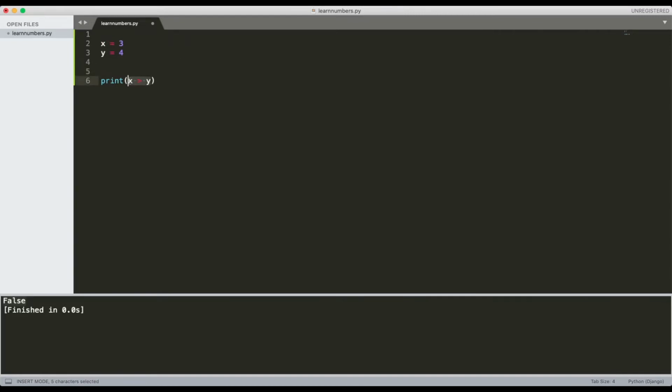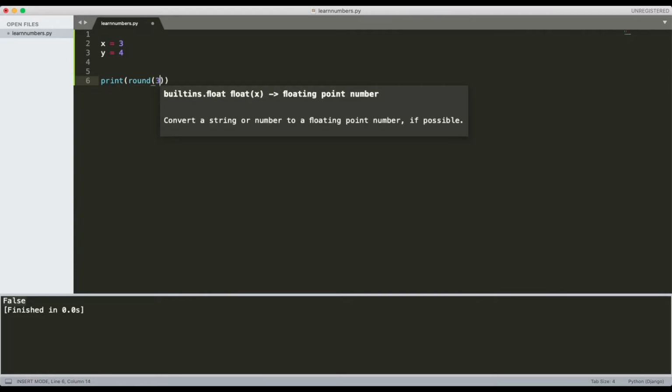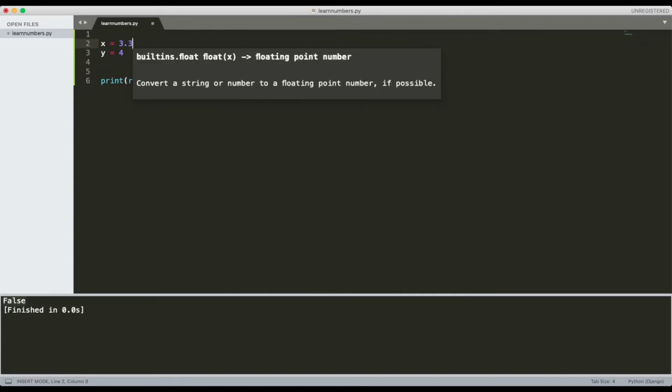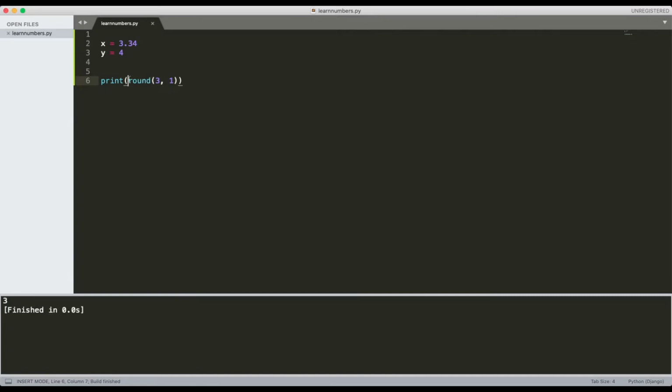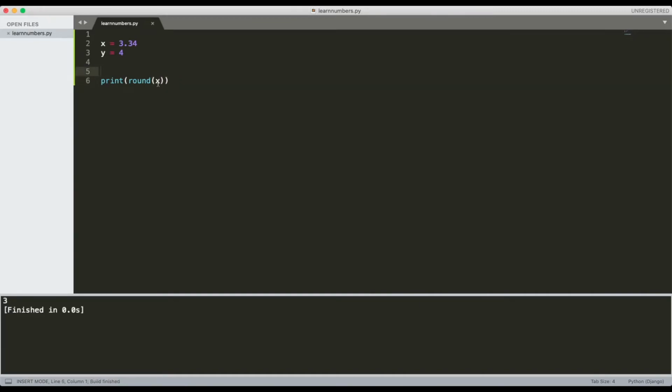Two more, I would say you should know if you want to work with Python, the first is the round function. So what round does is you put in a float, and all this does is it rounds to the nearest integer, right?